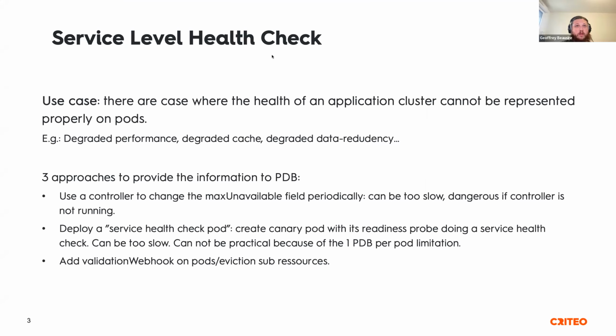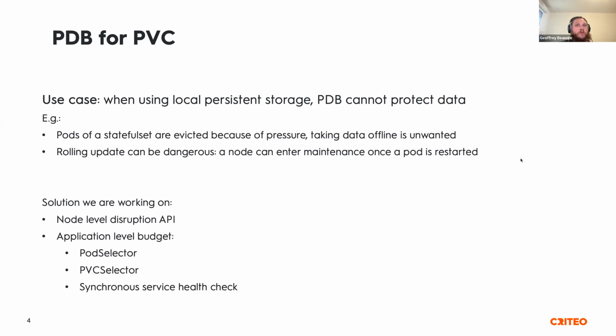Okay, and I had another point, which was the part about PVC, but I guess it's not exactly SIG Apps, but just also to add for conversation. Basically, we have cases where we are running a stateful application, and we have data that is local on the node.